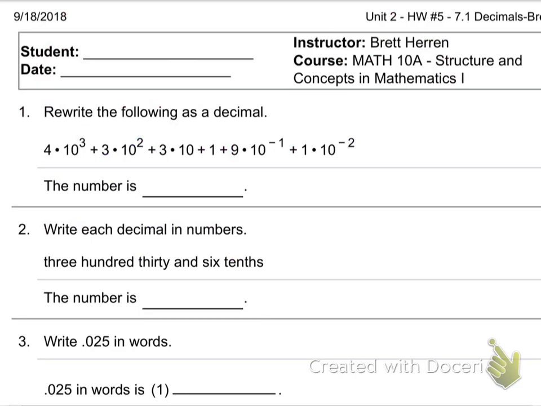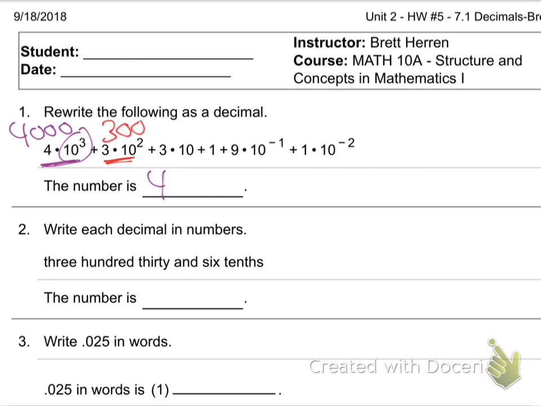They're saying we have a number here, 4 times 10 to the third. So what is that? 10 to the third, remember that means 3 zeros. So that's 4,000. What comes next? 3 times 10 squared. What's that? 300, right?